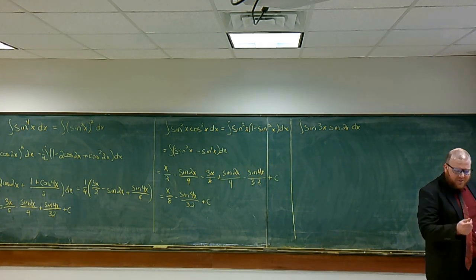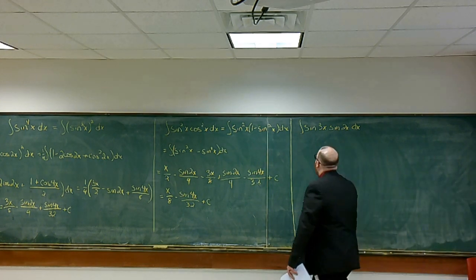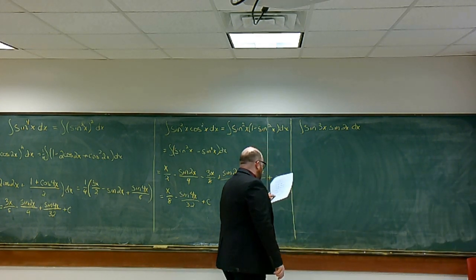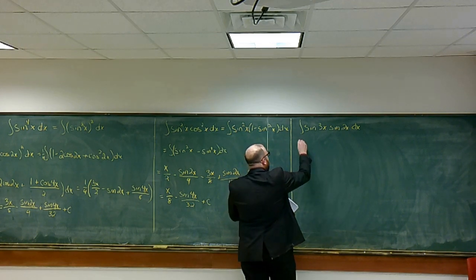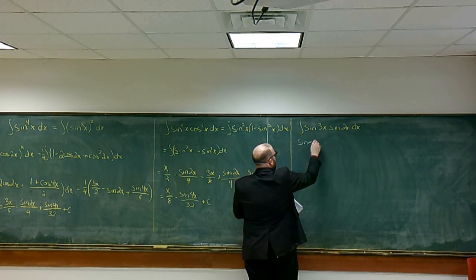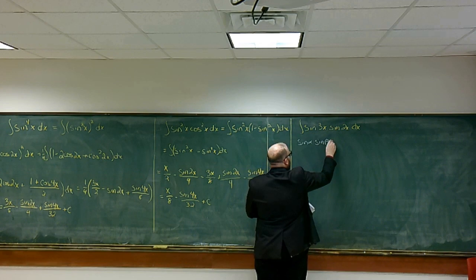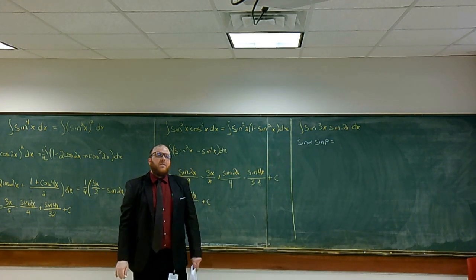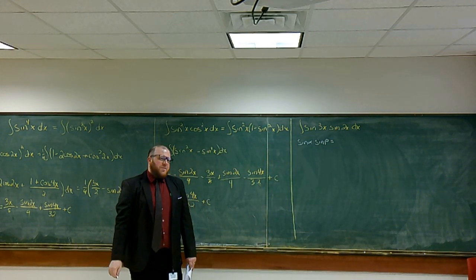Let me write out first the one I'm using. The identity for sine alpha times sine beta.